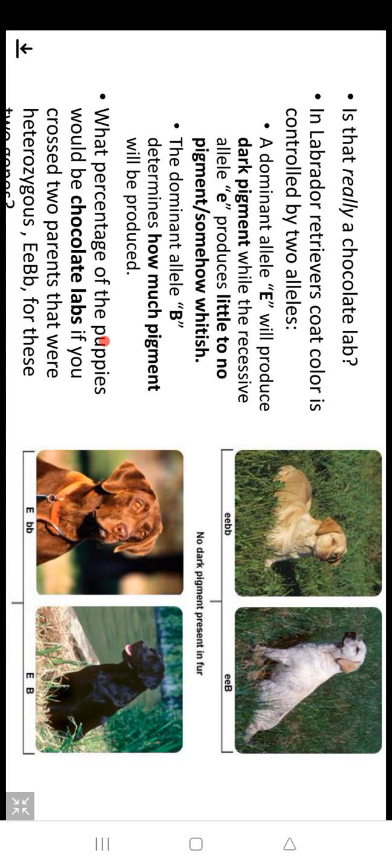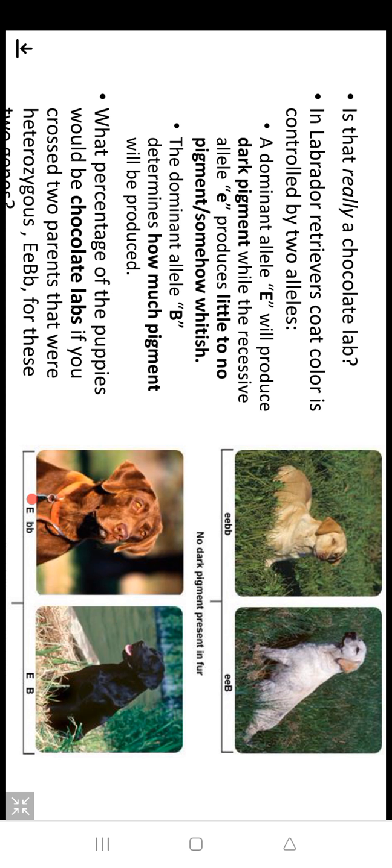Dark in color. Now we have a gene at another locus, allele B, which determines how much pigment is produced. So when B is there, pigment will be deposited. When B combines with an E, you see E is for dark pigment, and we have now a dominant B, that dark pigment will be there.